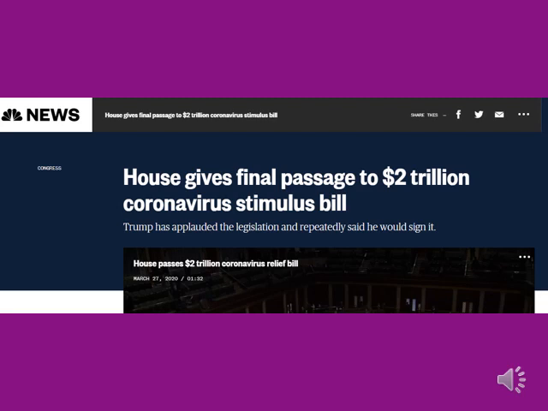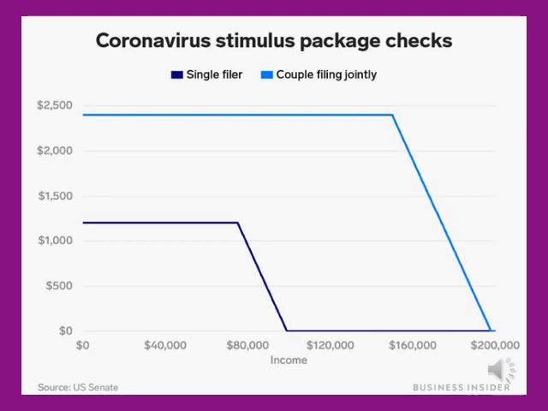And I'm going to use a graph that accompanied that article to introduce the topic we're going to talk about today. Here's the graph, and what it's showing is how much money different Americans can expect to receive from the stimulus package. Along the x-axis, it's showing income that people have, and there's actually two different graphs.